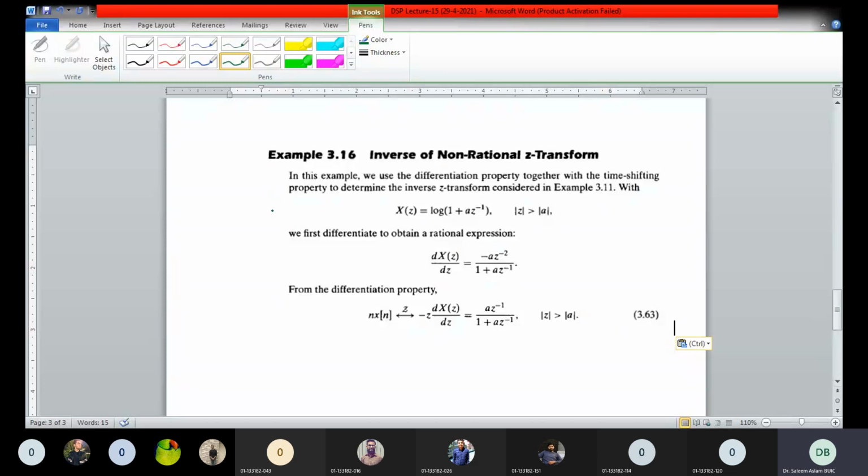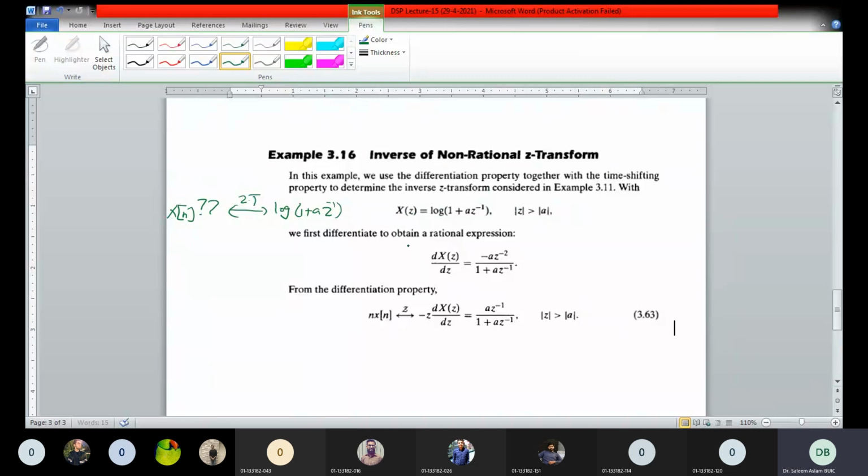You are given the z transform log of 1 plus a z inverse, and you are asked to compute its inverse z transform, meaning its x of n. So hopefully the expectation is clear to you.